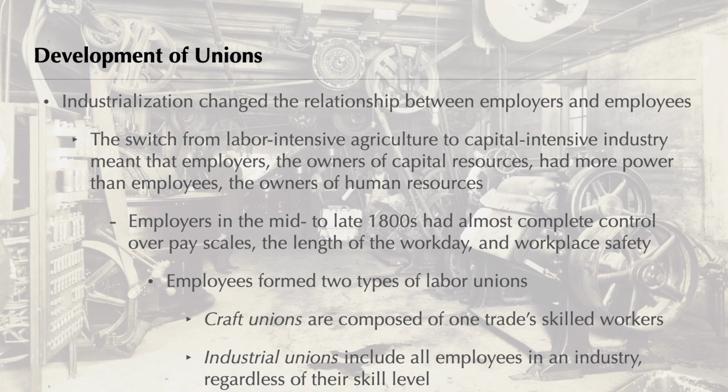You have learned about how industrialization affected the kinds of jobs available to workers. Industrialization also changed the relationship between employers and their workers. The switch from labor-intensive agriculture to capital-intensive industries meant that employers, or the owners of capital, had increasingly more power than workers, or the owners of labor.